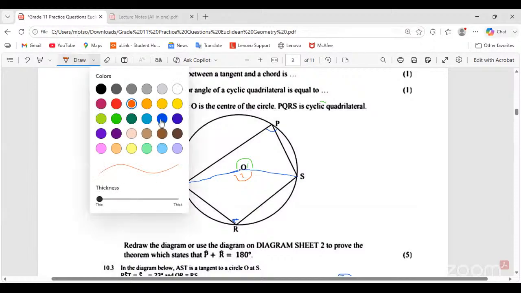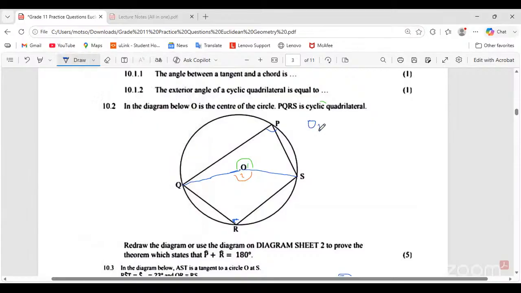And then you will say angle O2 is 2 times angle P. Why? Because the angle at the center is 2 times the angle at the circumference.